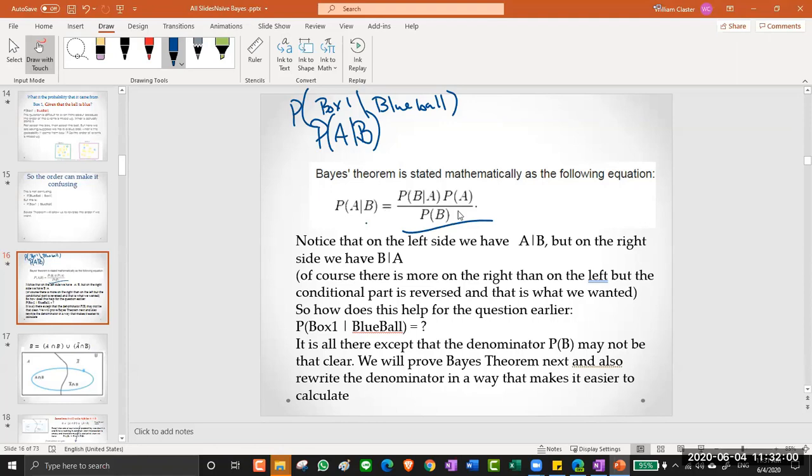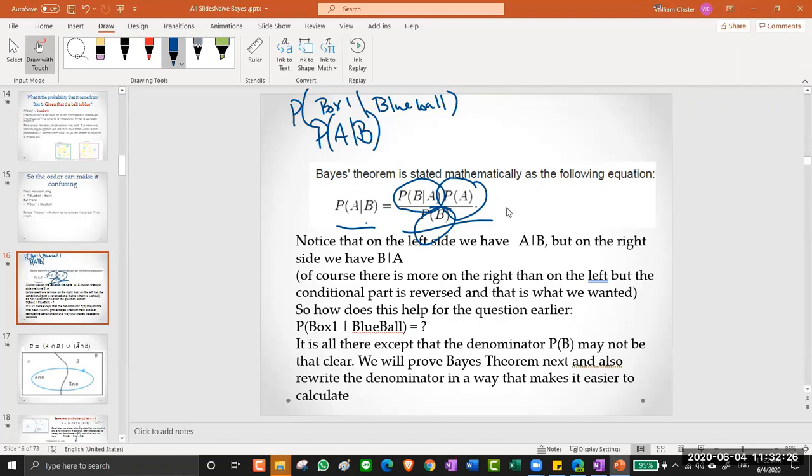Now, of course, you have to do some extra work. You have to also calculate this and this if you use Bayes' theorem, but it may all in all be easier than having to do this. The conditional part is this, which might make it a lot easier, and calculating this and this might not be very hard, so the whole thing might not be that hard.